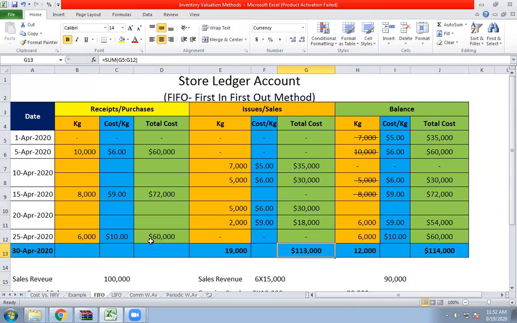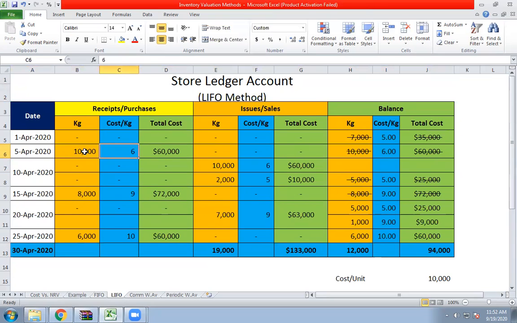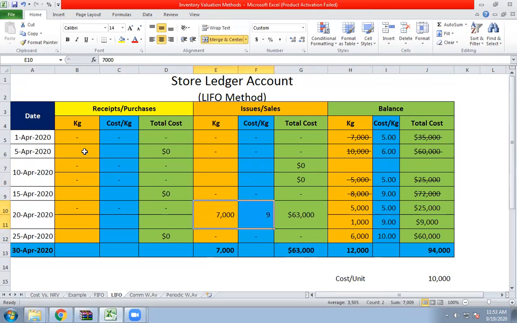Moving to the same example, the application of the LIFO method. LIFO means last in, first out. Let me delete the figures initially so that we can know how these figures are calculated. I will delete these values and then calculate again, using the LIFO method, with the method which we have already described.